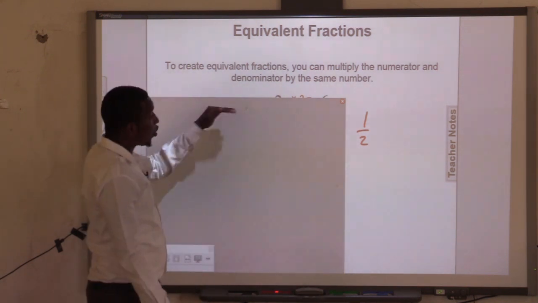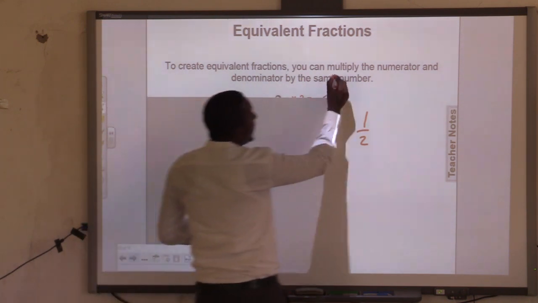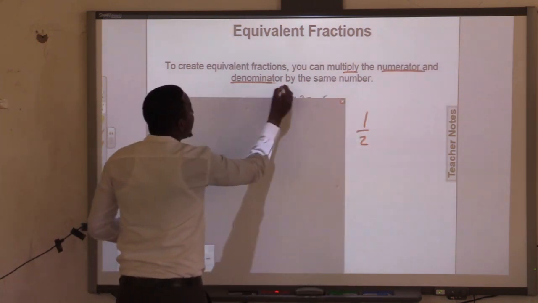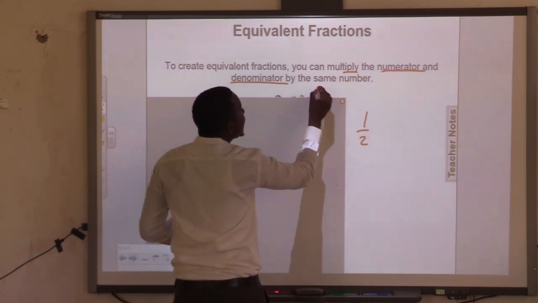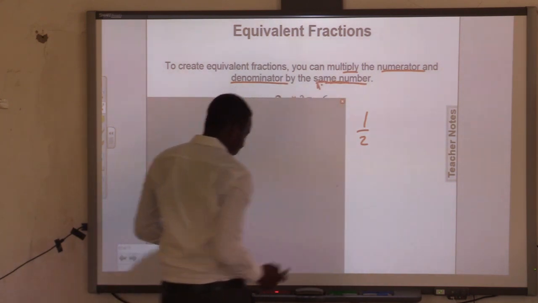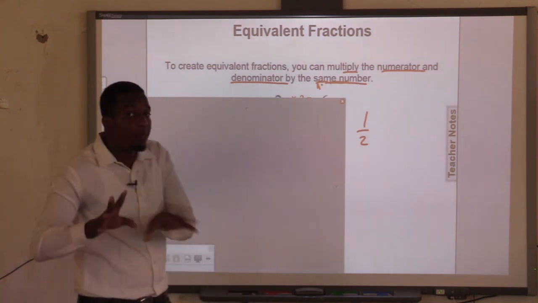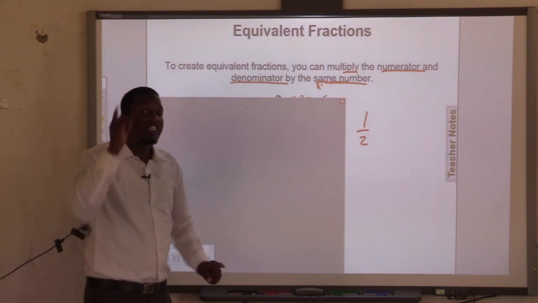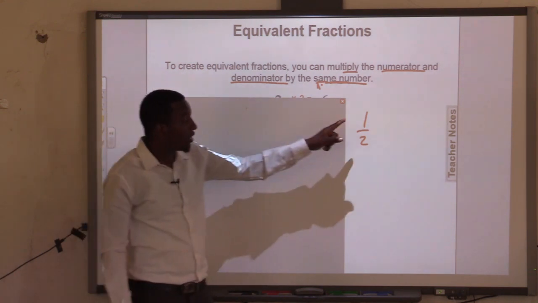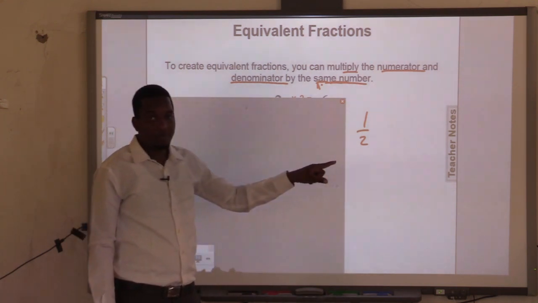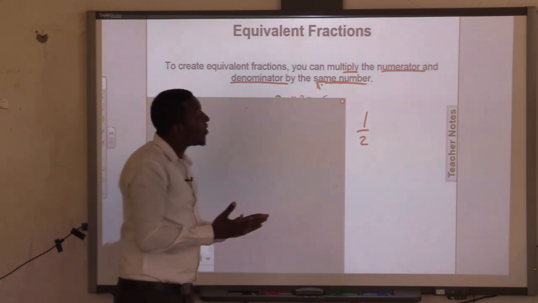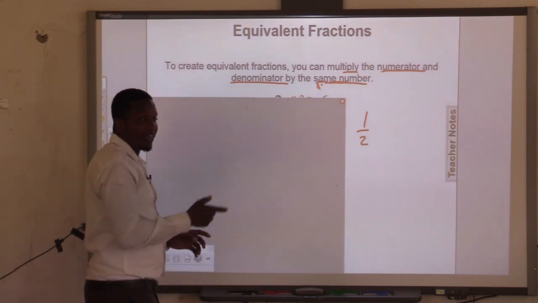We are told that you can multiply the numerator and the denominator by the same number. You can take any number, but it should be the same number that you multiply to both the numerator and the denominator.